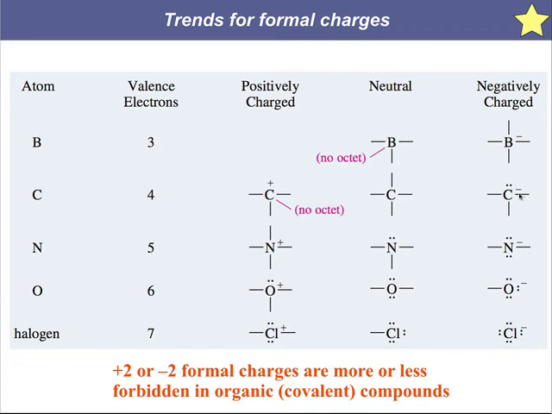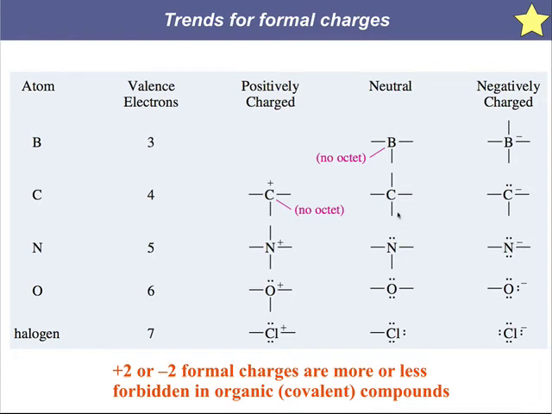If you go through and calculate the formal charge yourself, you'll understand why this is negative and why this is positive. Nitrogen with 4 bonds, like we calculated, is a positive charge. 3 bonds with a lone pair is neutral. 2 bonds with 2 lone pairs is negative.